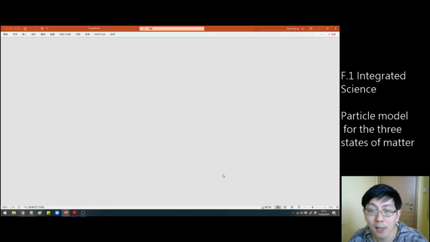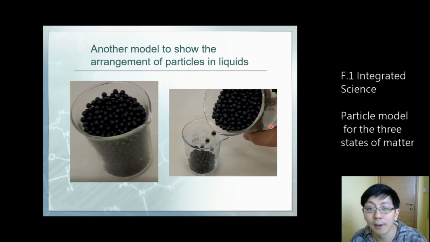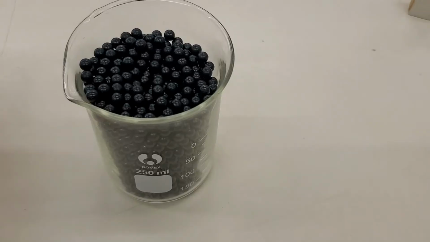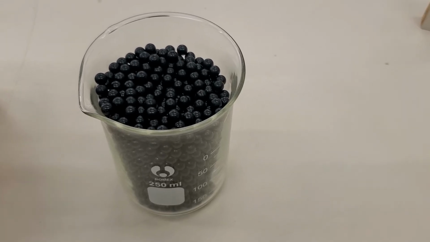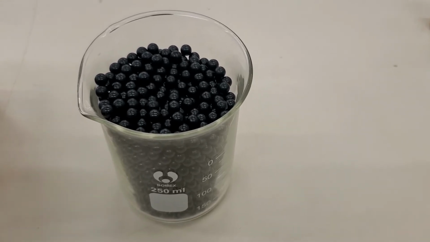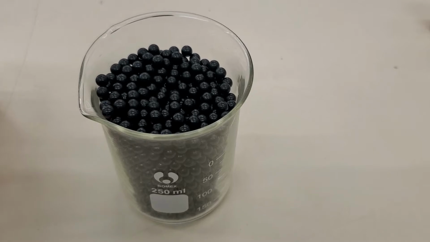Now for me, again, I will use another model to show the arrangement of particles inside a liquid. I will use plastic beans as a model of liquid, and this also explains some of the properties of liquid. Here come the plastic beans again. I use these to represent the arrangement of particles inside the liquid.